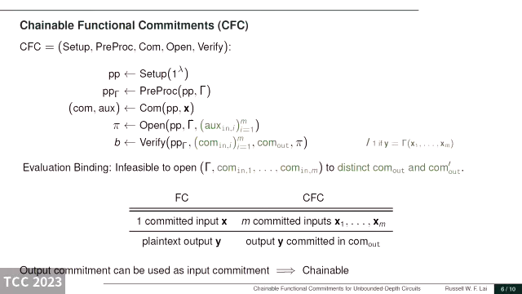So we can see this in the verify algorithm, which now takes an output commitment instead of the output Y in plain. So we can observe that an output commitment can itself be used as an input commitment for further opening. That's why a chainable functional commitment is chainable, as its name suggests.